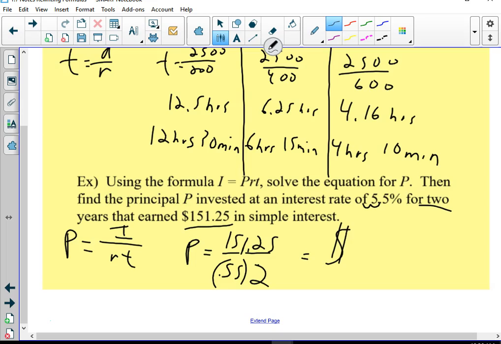Oops, sorry, it should be 0.055. Okay. So 151.25 divided by parentheses 0.055 times 2. What'd you get? So you got 1375.